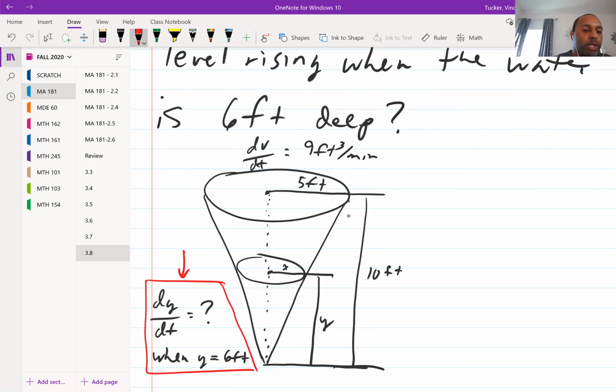So let's look at the variables that we have established.